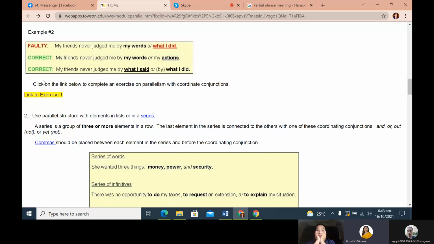When we say my words, these are the words that you said. When we talk about actions, these are the things that you did. Do you understand me?